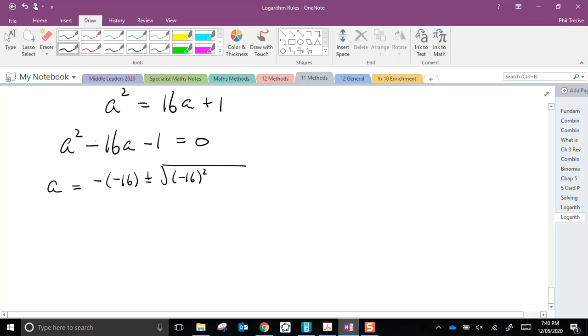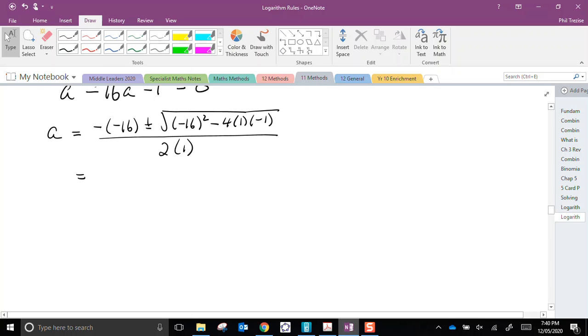Remember, it's b squared minus 4 times a times c, all divided by 2a. Now, the calculator helped me a great deal on this one, and that comes to 8 plus root 65, or 8 minus root 65.